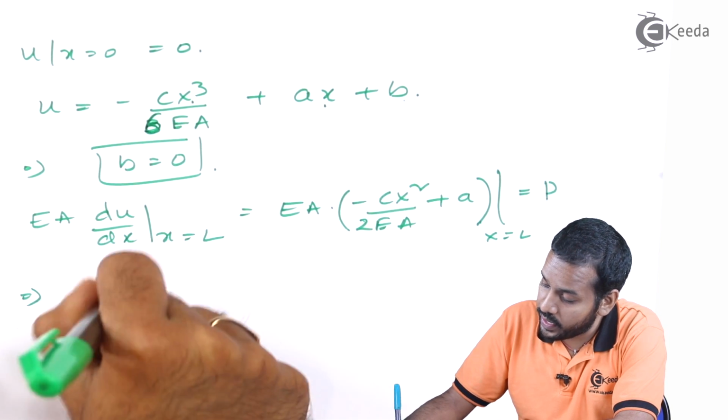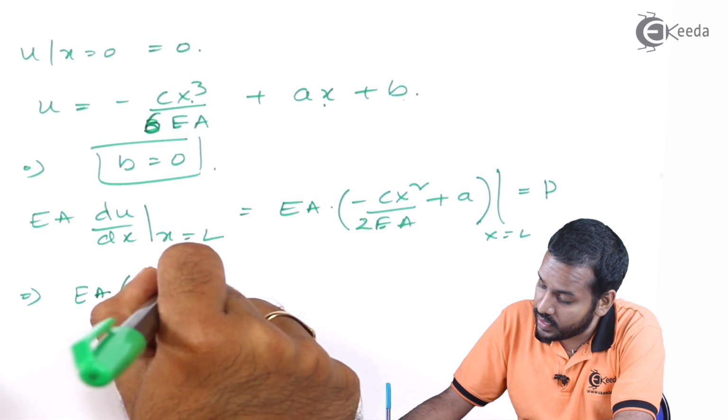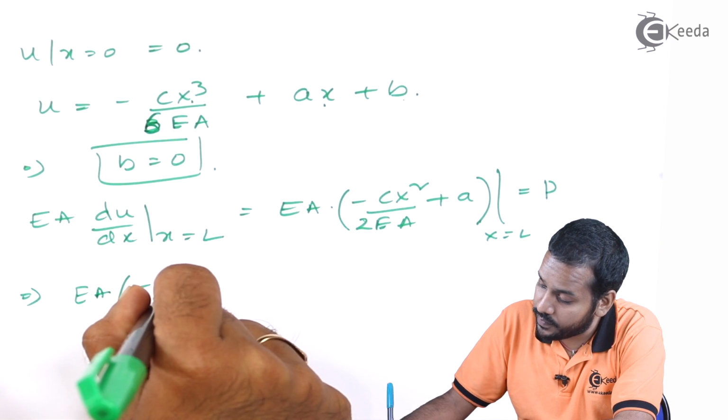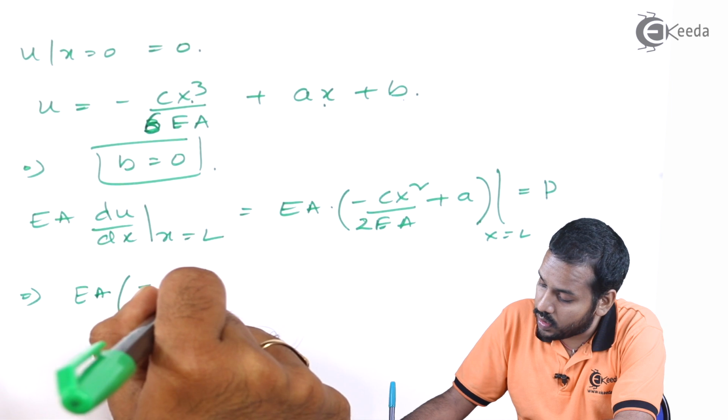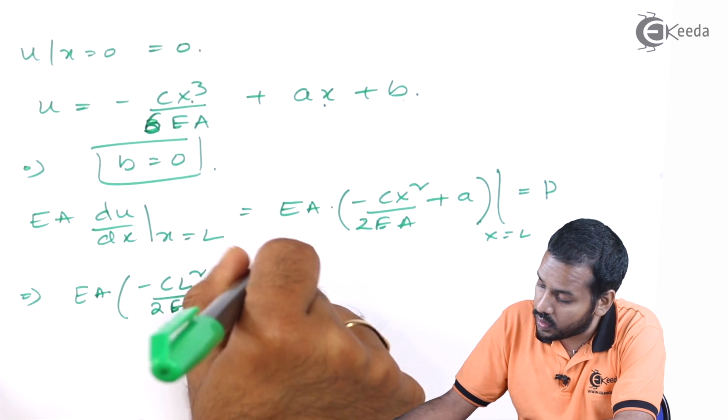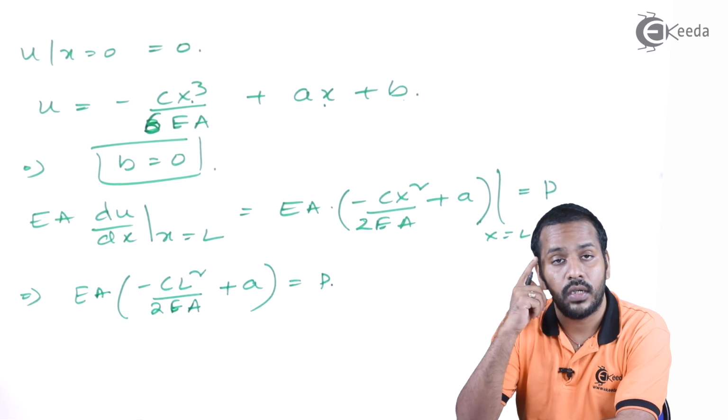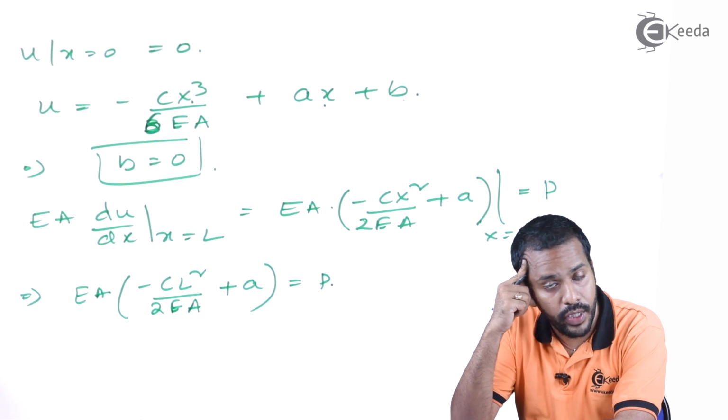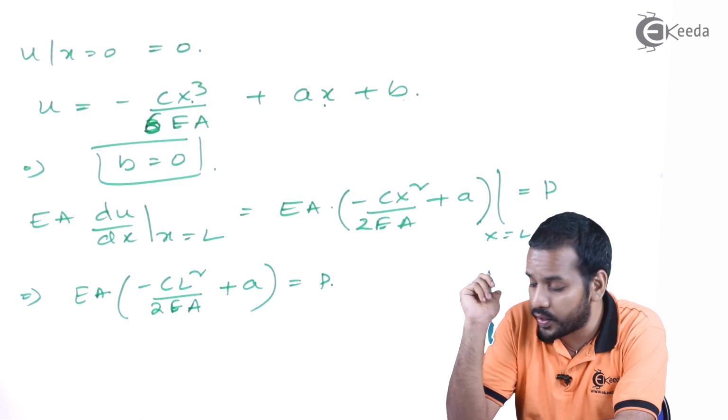That implies EA into minus C L square by 2EA plus A equal to P. But what is our L here? We assumed the length of the bar as 1 unit.